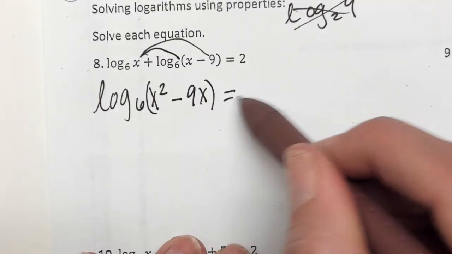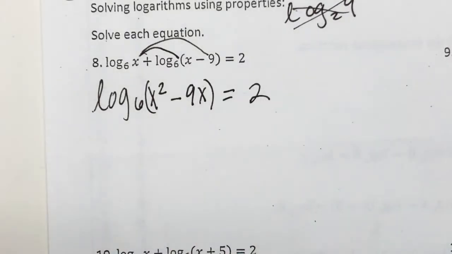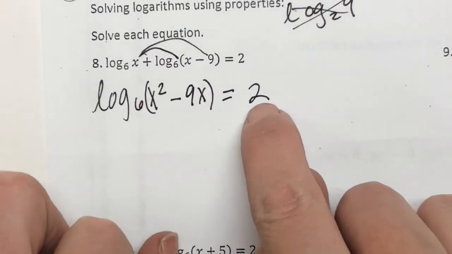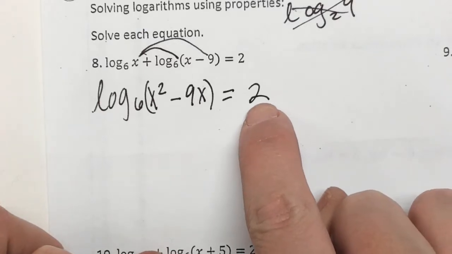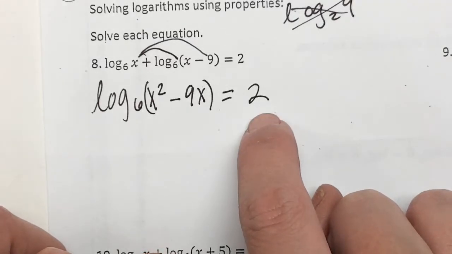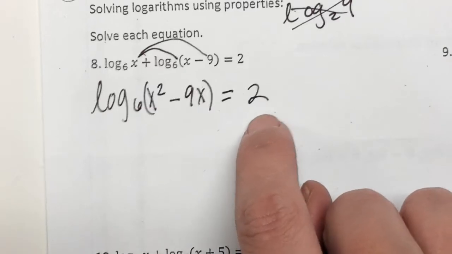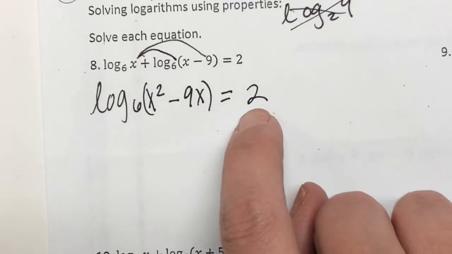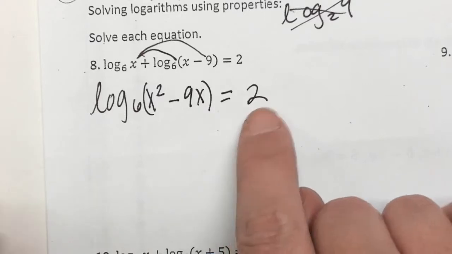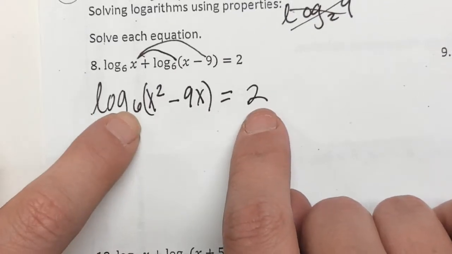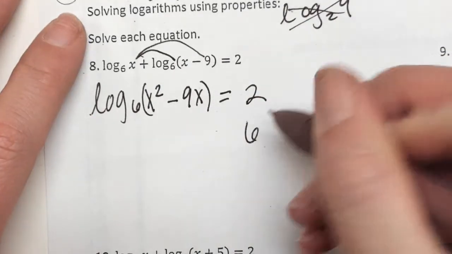Okay, on this side we'll still have 2. Now, they could cancel out if we had what on this side? Log 6. Good. Okay, so we don't actually have to have a log on this side. We just really need the same base. What's the base on this side? 6. Let's change this one to a base of 6.